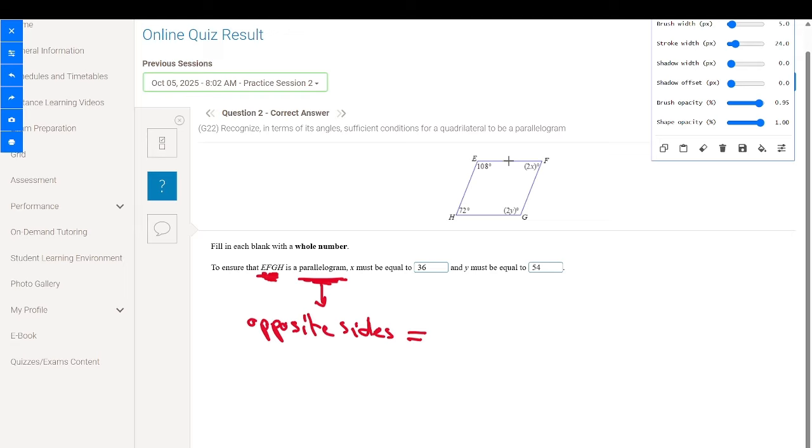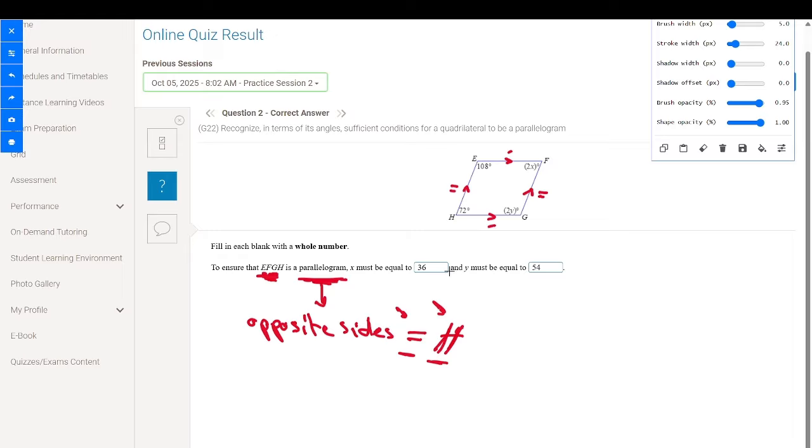So that means EF will be equal to HG, and also they will be parallel. So opposite sides are equal and parallel. So also here FG is parallel to EH and they are equal, and EF and HG are parallel and also equal.